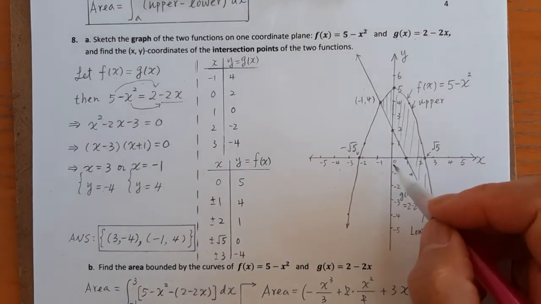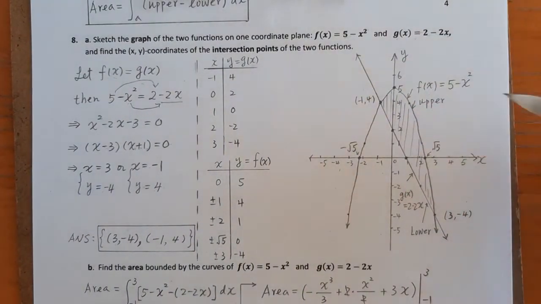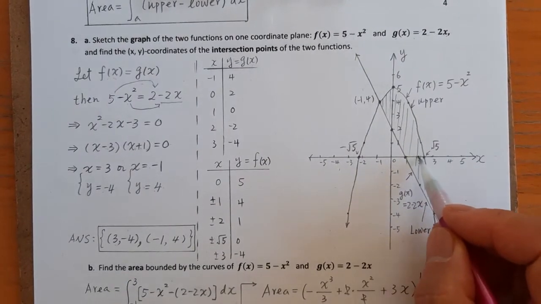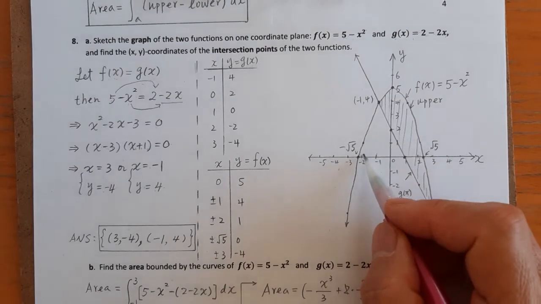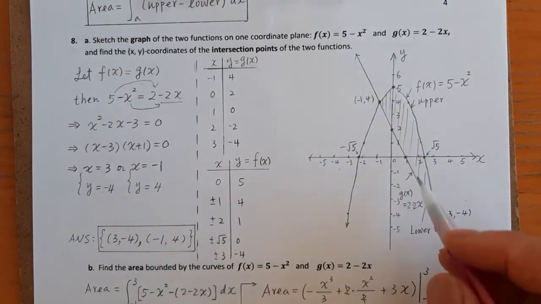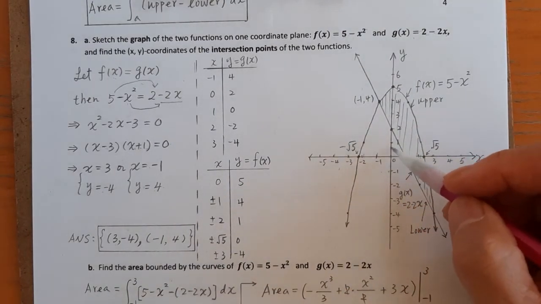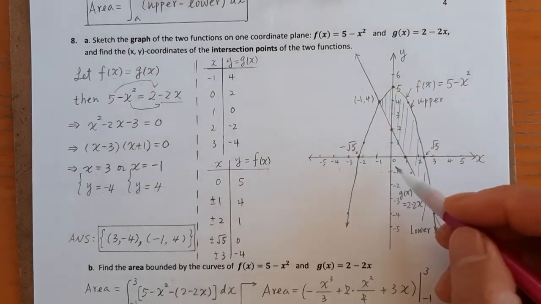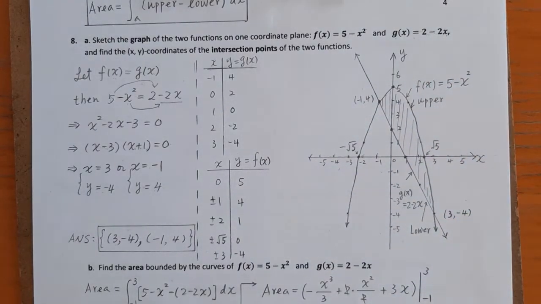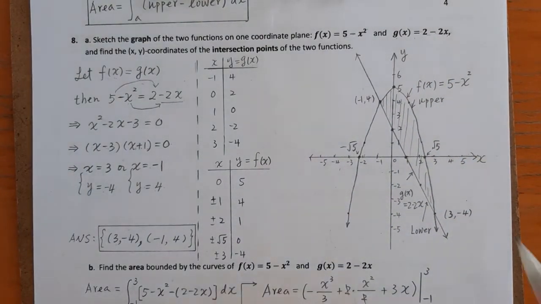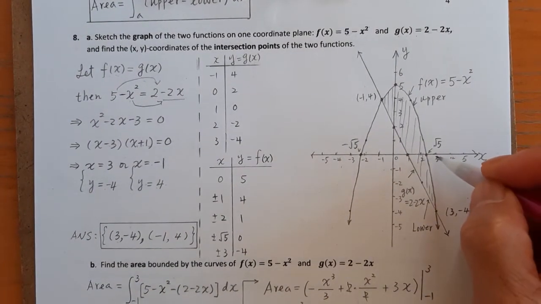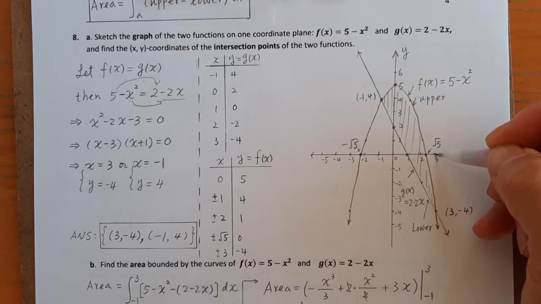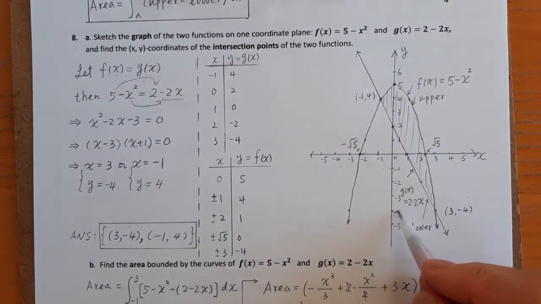You draw the x-axis and y-axis, and mark 1, 2, 3, 4, 5, -1, -2, -3, -4, -5, with equal lengths. Mark. And then here, 3, -4. So x equals 3, y equals -4.